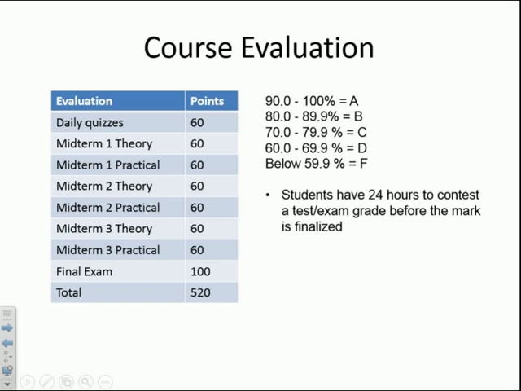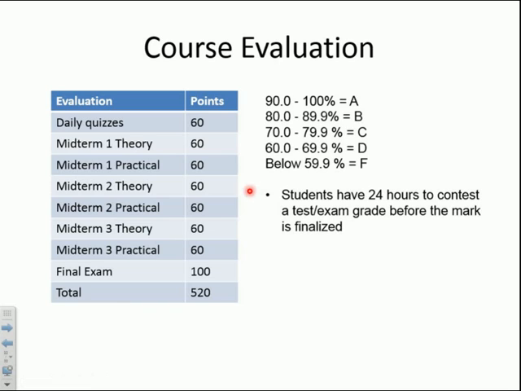The first is that once a grade is released and the student has had an opportunity to review their exams and compare their answers to an answer key, if the student disagrees with the way specific questions were graded, they have 24 hours to contest that grade before the mark is finalized.